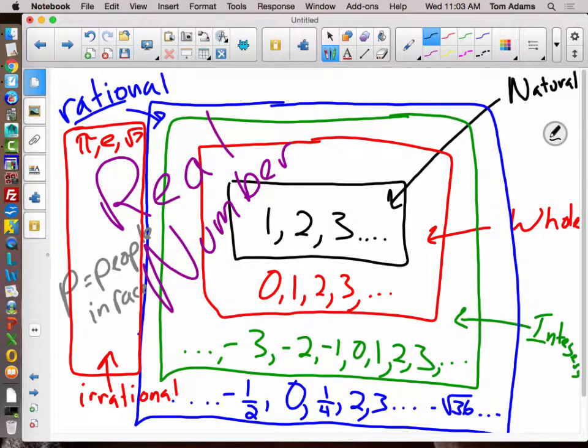Well, the way the question is worded, which one is highly unlikely? Which one would not be it? Irrational. Yeah, we wouldn't have 1/4 of a person, but we could have 2 people.